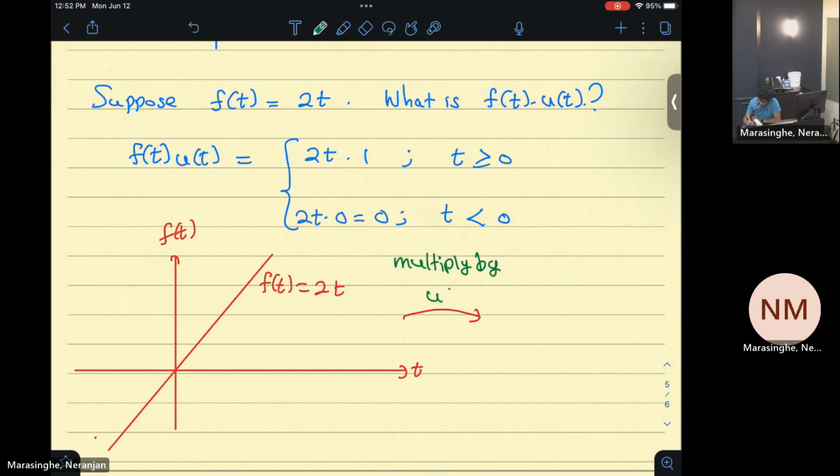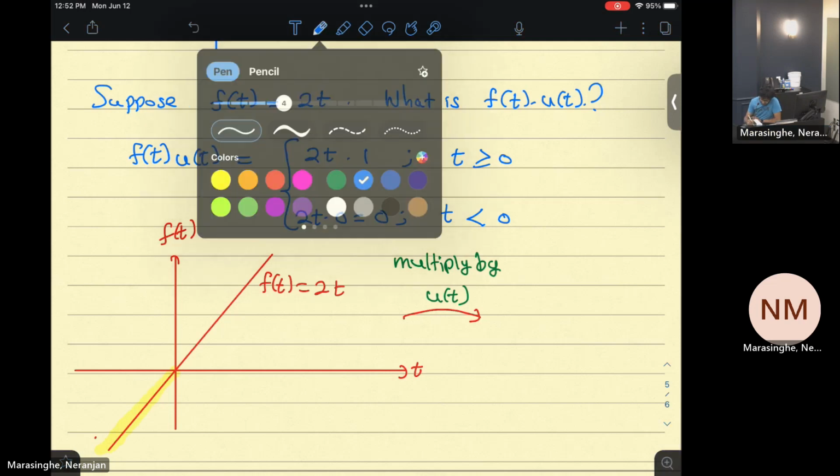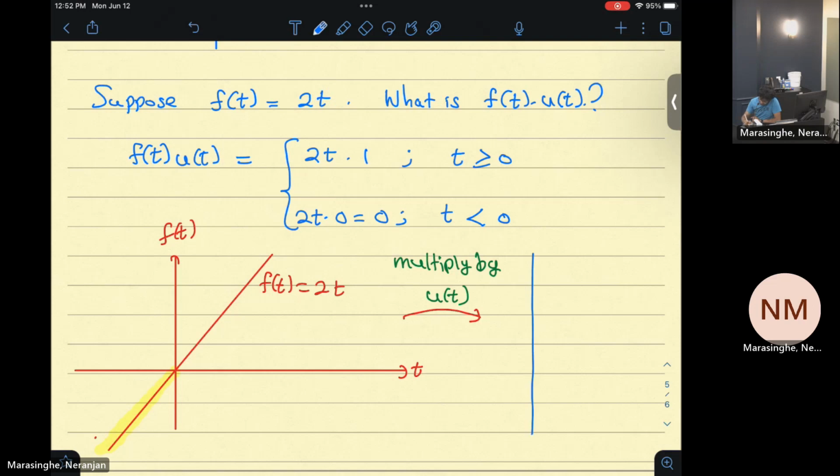Then what would happen? This portion would disappear. This is the graph of f(t) times u(t). Is that clear?